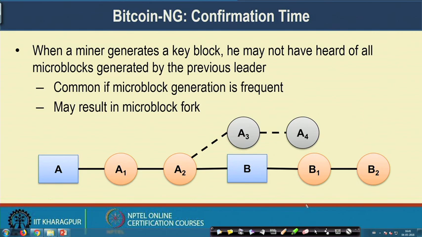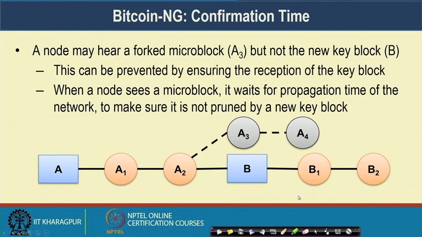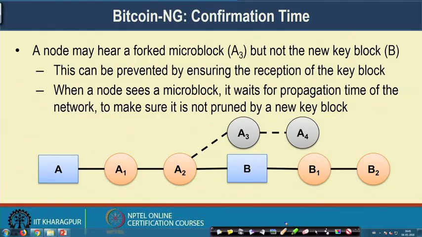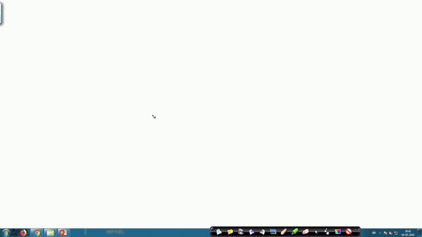Now, to prevent this, we apply a mechanism in Bitcoin NG. A node may hear a fork microblock, but not the new key block. So, that is our problem. It may happen that a node has heard about A3 because maybe it is closer to the miner A. So, it has heard this new microblock, but it has not heard the new key block. You can just think of a random topology of something like this.